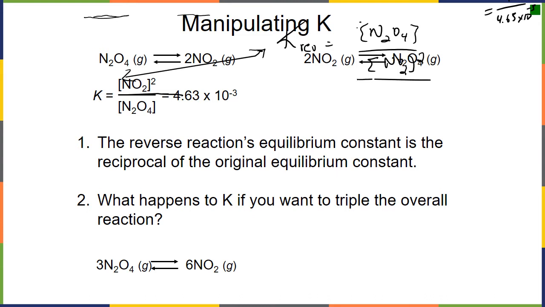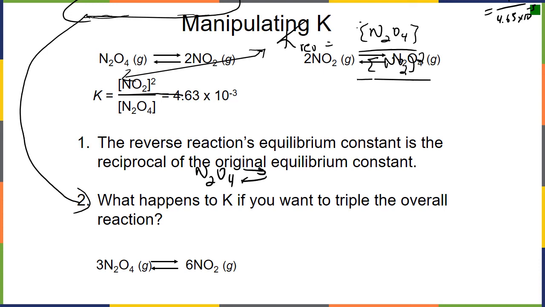Well, what if instead of doing that, we take our original reaction right here and multiply by 3? If we take N2O4 going into equilibrium with 2 NO2s, and call this reaction 1, K1 is equal to NO2 squared over N2O4.